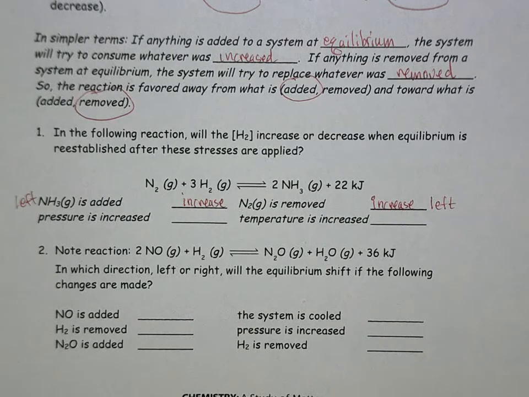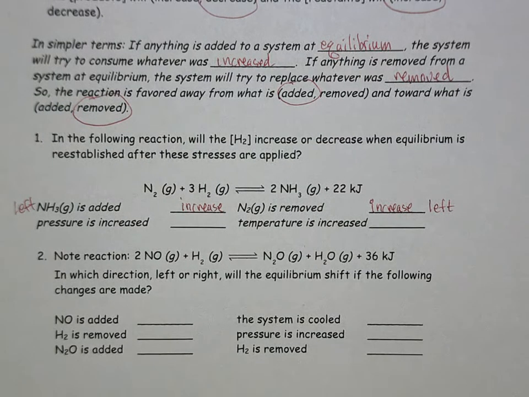Increasing the pressure is the same thing as decreasing the volume. They go together. So if I have less volume and it wants to compensate for that, in other words, have just as much room, if you will, or just as many collisions as it had before, it needs to decrease the number of moles that are involved.